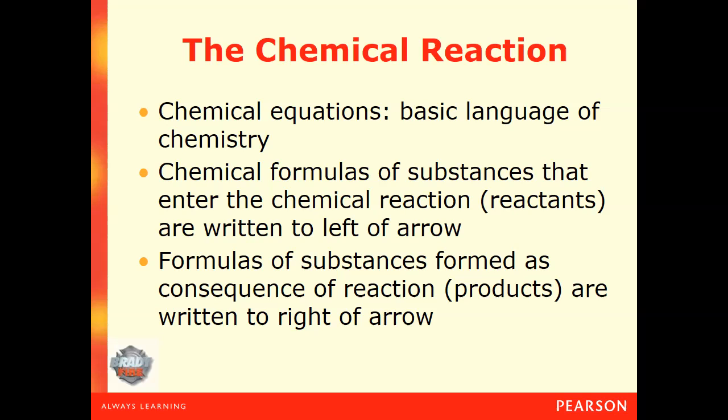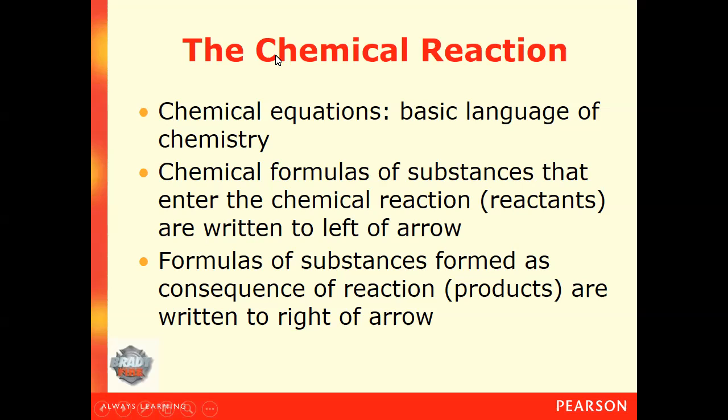So when it comes to a chemical equation, we can think about chemical equations as sort of the story of the chemical reaction. In a chemical equation, we have a substance that is reacting, or substances that are reacting.